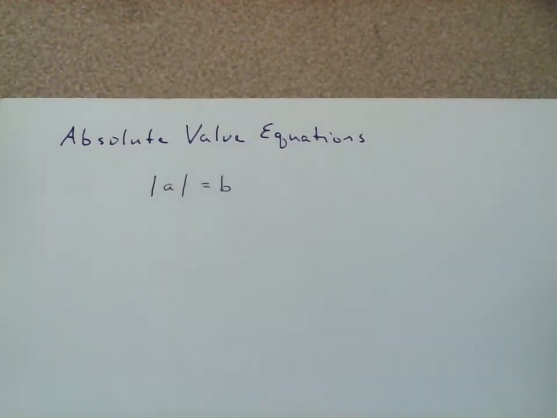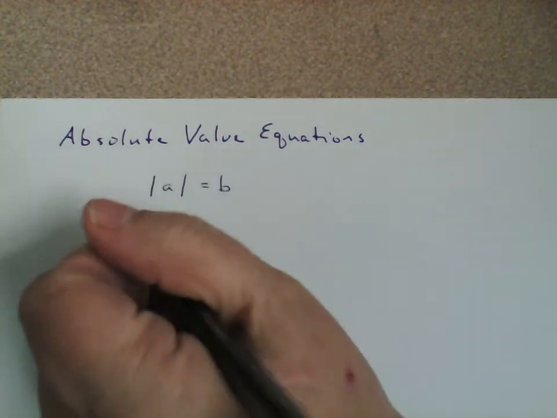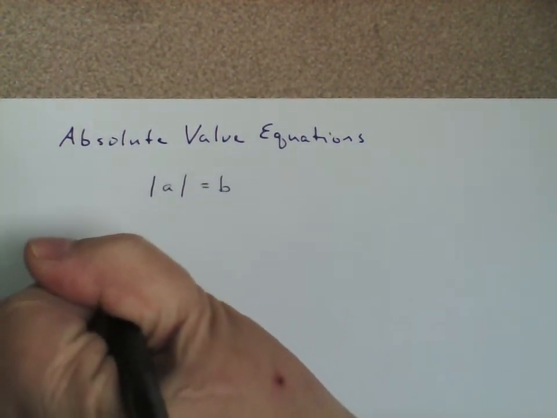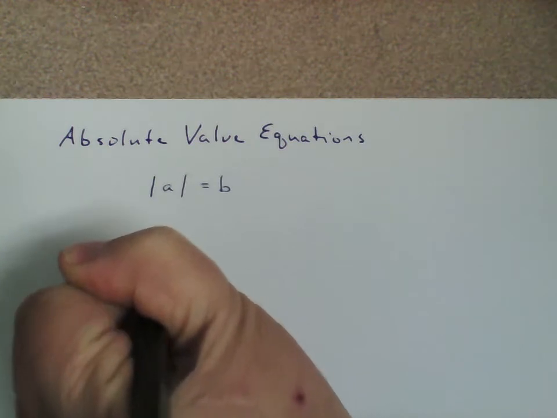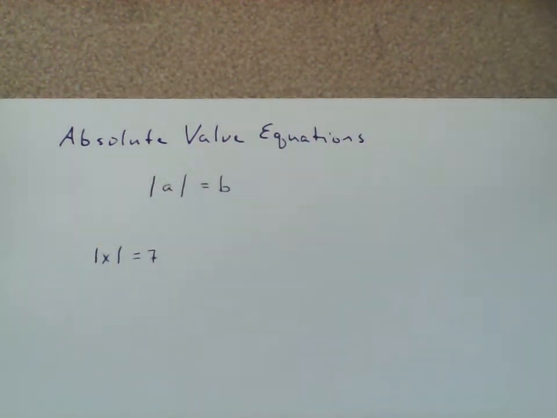So absolute value, what we're talking about is the distance from zero on a number line. So absolute value solutions are always positive. Say we have the absolute value of x equals 7, and we want to know what are the possible values for x.